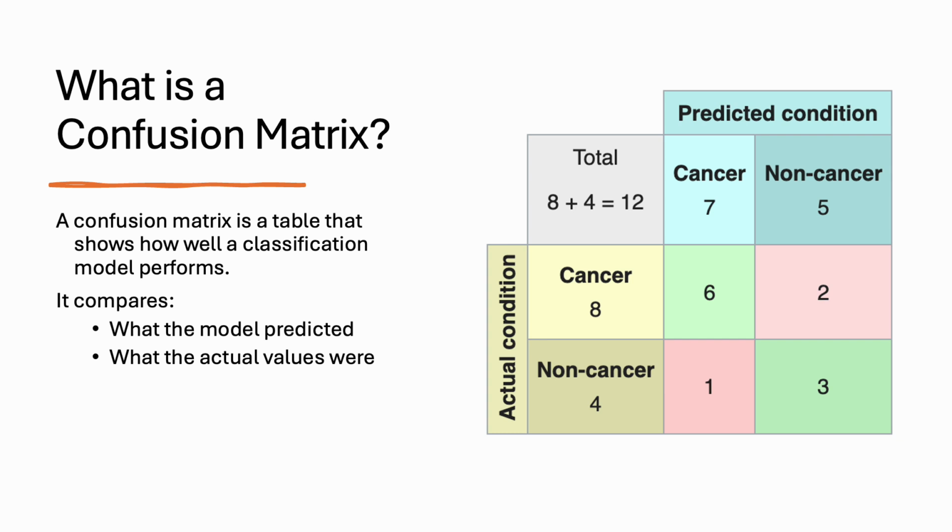The first row contains the cancer, then the second row contains the non-cancer. So it compares what the model actually predicted with the actual value, the ground truth.